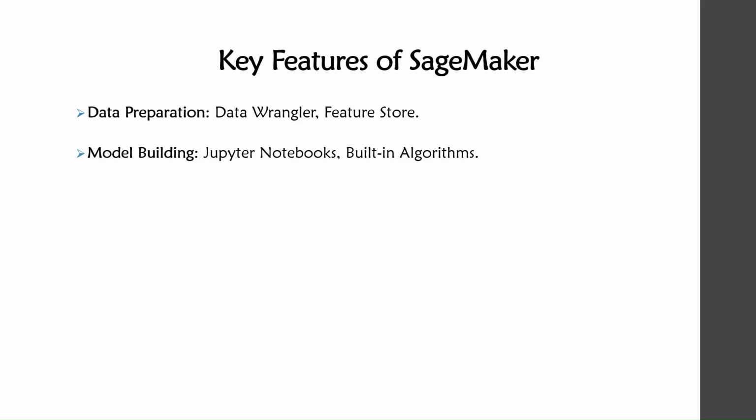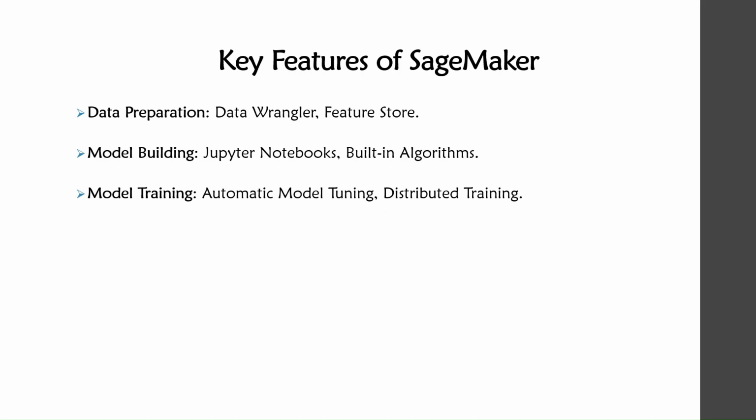And we also have built-in algorithms. SageMaker offers a library of pre-optimized, ready-to-use algorithms for common machine learning tasks like classification, regression, clustering, and time series forecasting. Examples include XGBoost, Linear Learner, and DeepAR for time series forecasting, eliminating the need to write custom algorithms from scratch.